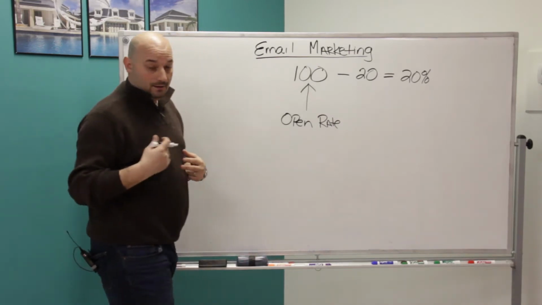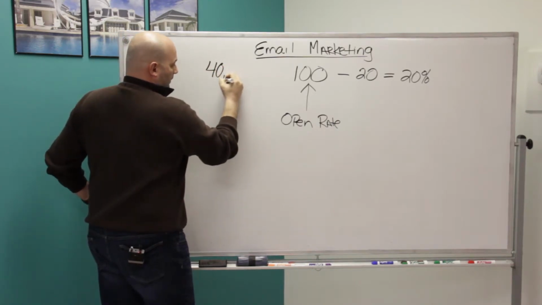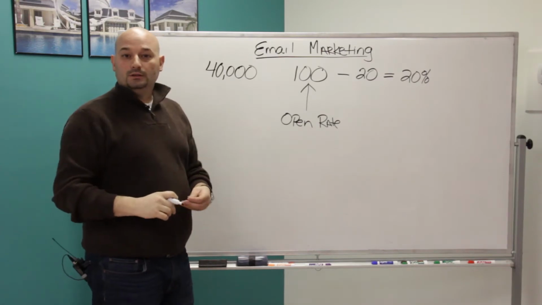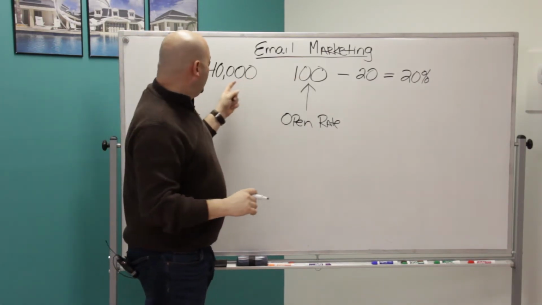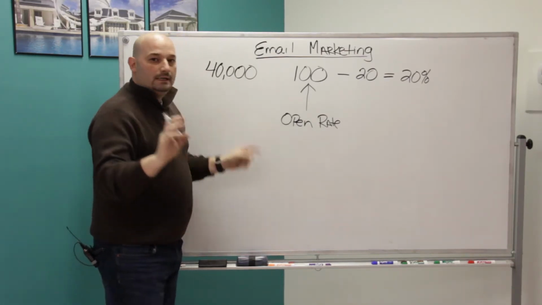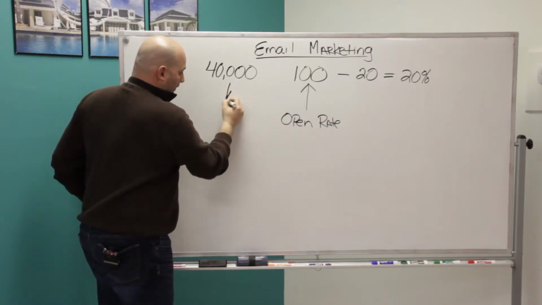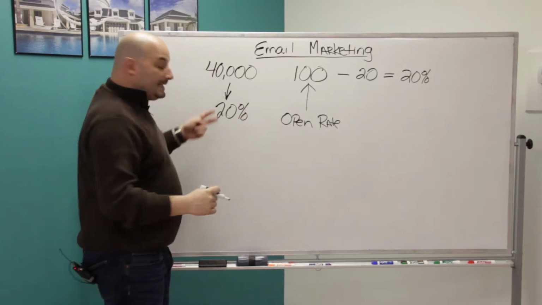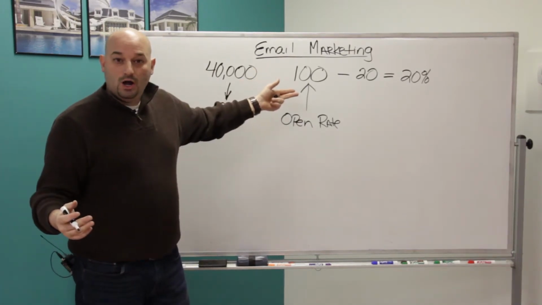Now, my blog, when I had it, had 40,000 people on the list. So there were 40,000 people on my email list. Why that's important is because the 20% open rate is a much higher number than obviously the 100.